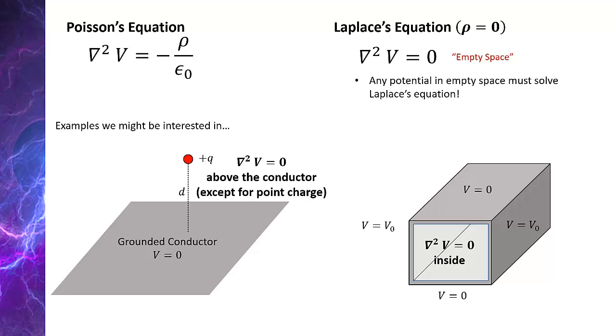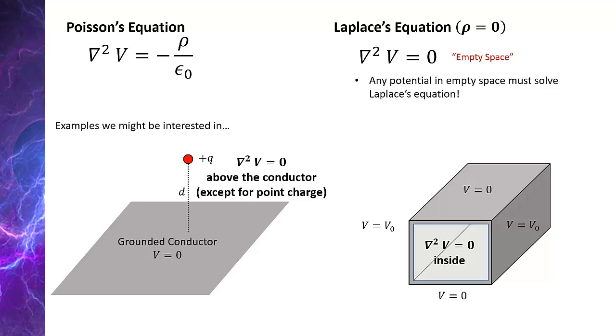Above the conductor, there is no charge except where the point charge is. So as long as you're not right at the point charge, Laplace's equation tells us what the electric potential is above the grounded conductor. Ultimately, if we want to know the electric potential above the conductor, we have to solve Laplace's equation there.